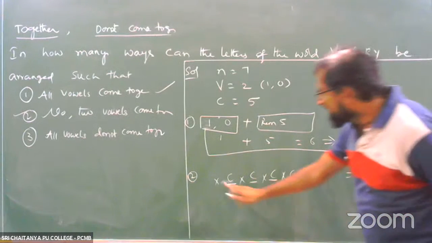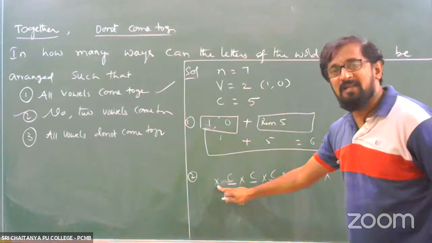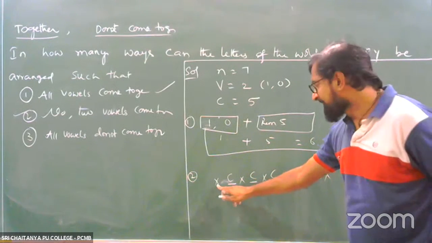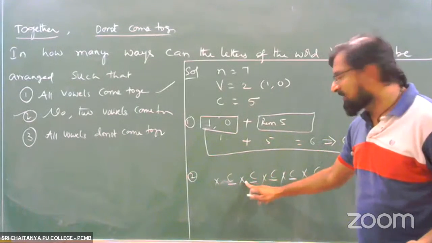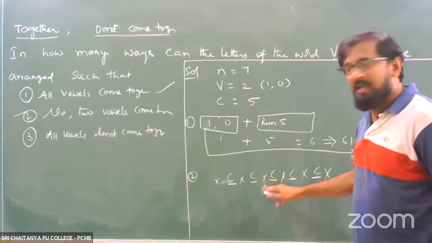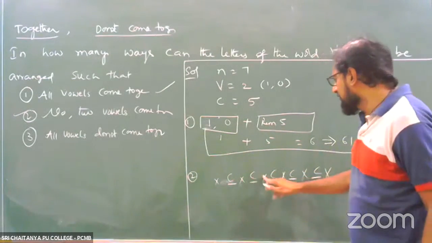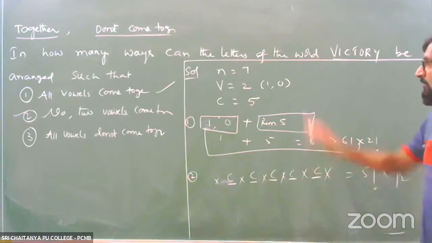Then these cross marks represent the vacant places which we can fill with the vowels. Either you can fill one vowel here, another vowel here, or like that. So there will be 1, 2, 3, 4, 5, 6 places for 2 vowels.